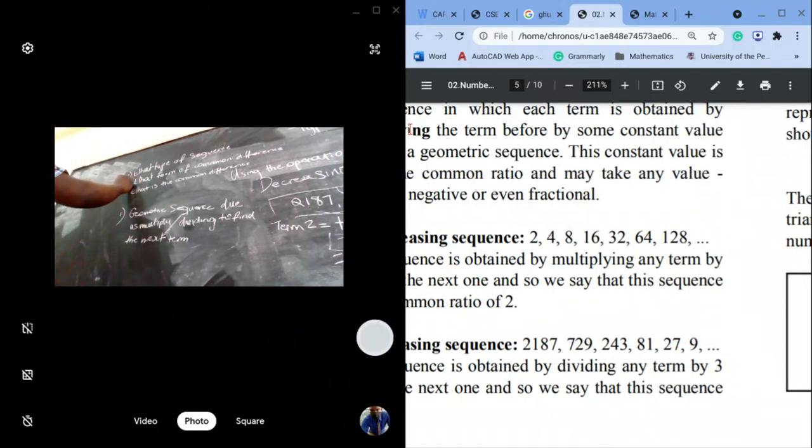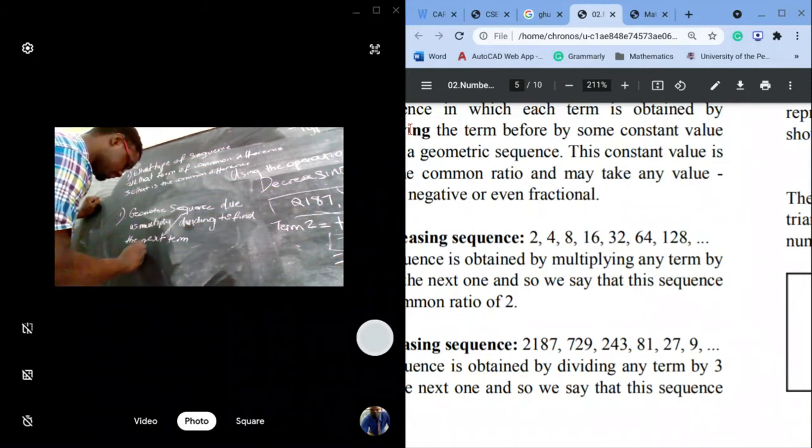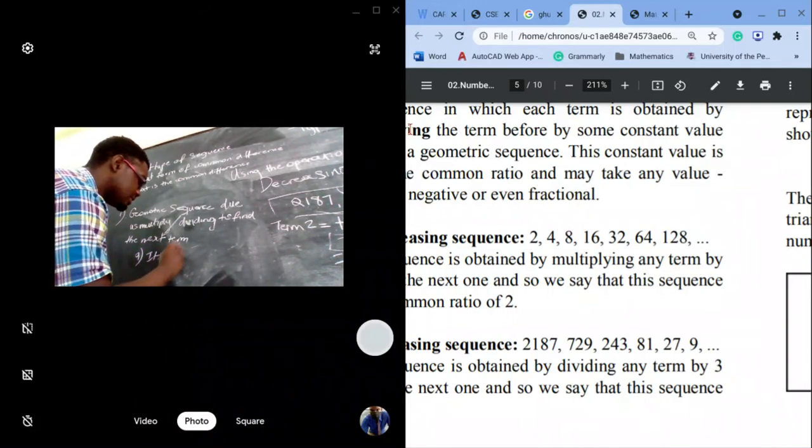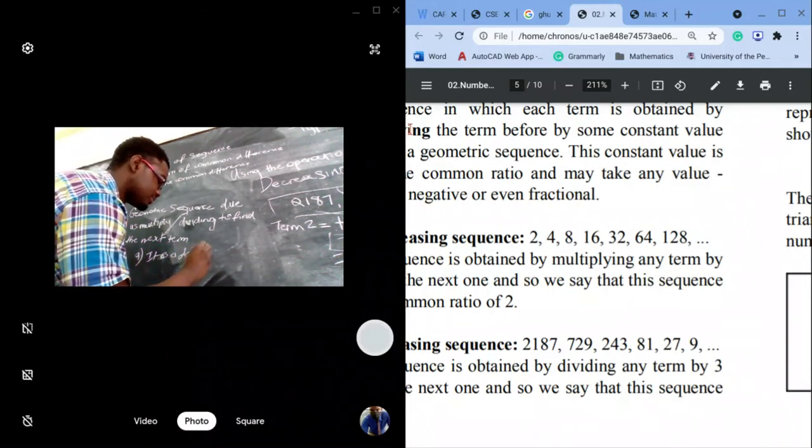Oh, and the final question is going to be, a part of 1, is it an increasing or a decreasing sequence? You're going to tell me it is a decreasing sequence. So you're going to say 1a, it is a decreasing sequence.